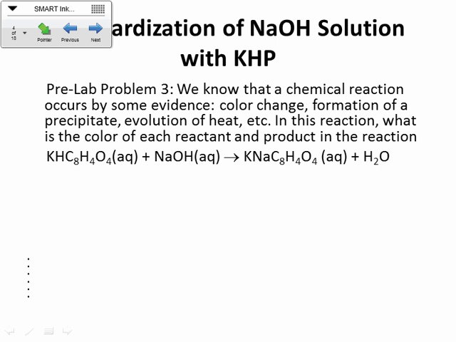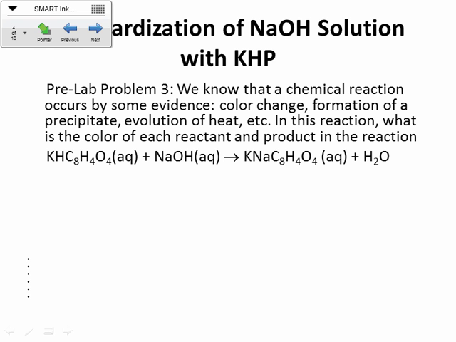All right. So number 3 here, we know chemical reactions occur by some sort of evidence. So we're looking for color change, maybe a precipitate, heat, formation of a gas, those sorts of things. In this reaction, we just want to talk about what is the color of each reactant and product.